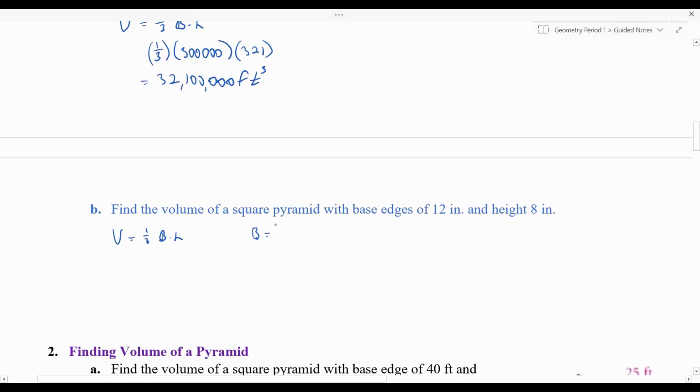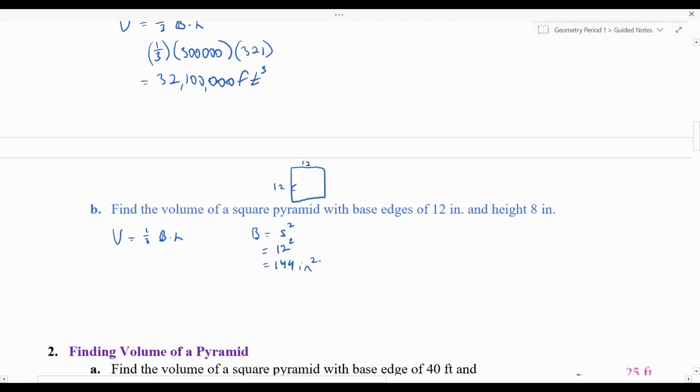The pyramid is a square pyramid, so the base is a square, and the area of a square is S squared. The length is 12 and the width is also 12, so this is 12 squared, which is 144. Because B represents area, this is 144 square inches.